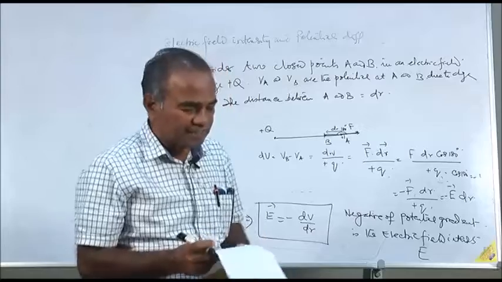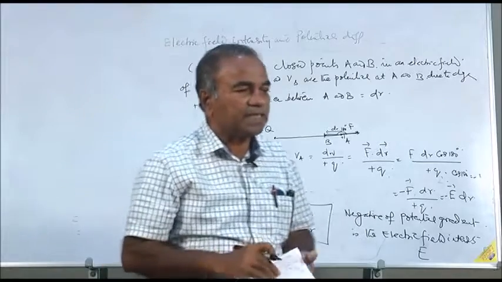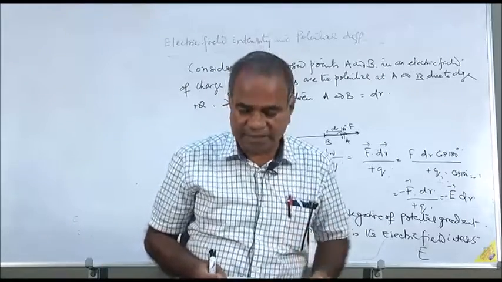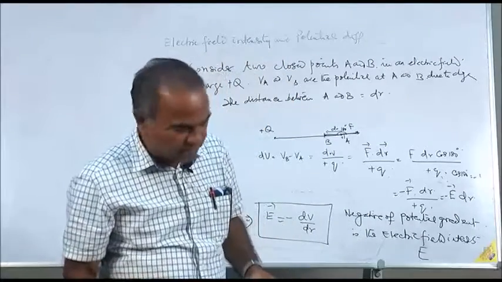Then what is an equipotential surface? Equi means same, potential same everywhere.